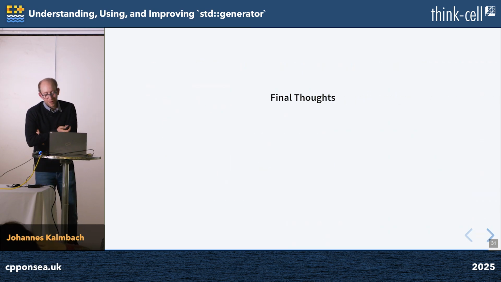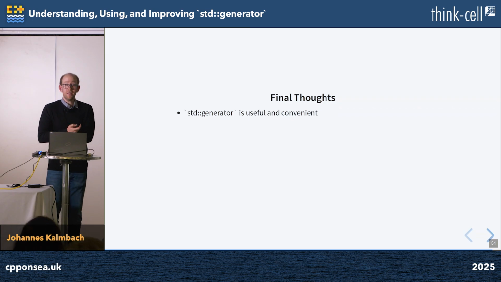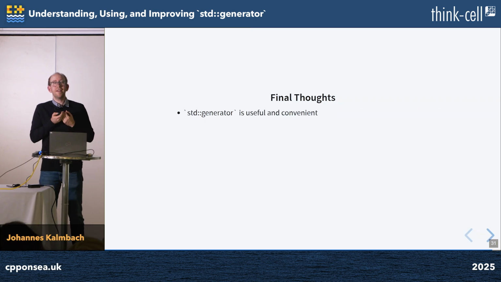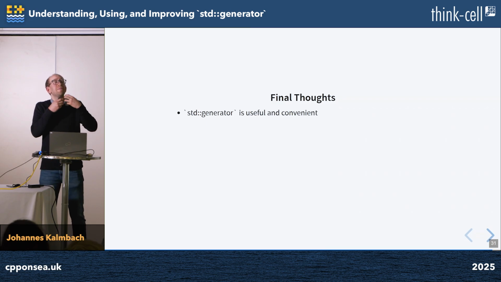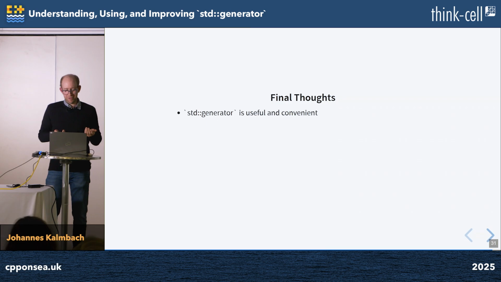So, getting towards the end, I'm still convinced that std::generator, or coroutines in general, or other modified generators, are a very useful tool, especially if you can afford the overhead but have complex logic that is much more maintainable than, for example, manually written iterators with all that boilerplate.